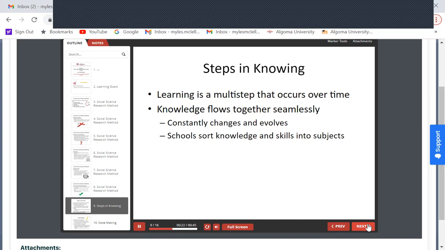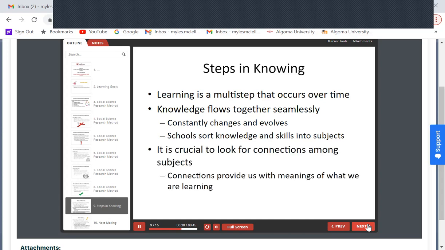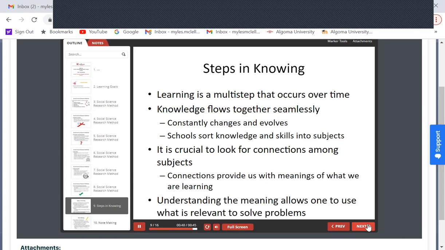So what is knowledge today can mean something different in 2 weeks, depending on the circumstances. It is crucial to look for connections among subjects because connections provide us with meaning of what we are learning. And understanding meaning allows one to use what is relevant to solve problems.